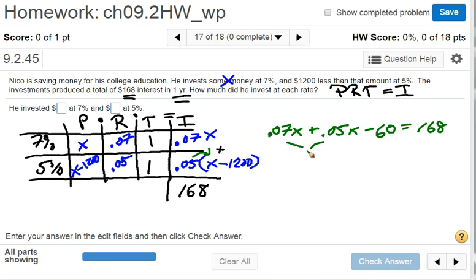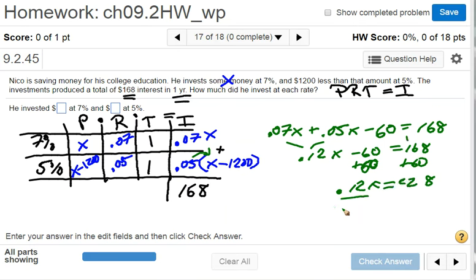So I add those two together, and I get 0.12x minus 60 equals 168, plus this 60 on both sides. I have 0.12x equals 228. Divide by 0.12 on both sides. x equals 228 divided by 0.12, and I get 1,900.